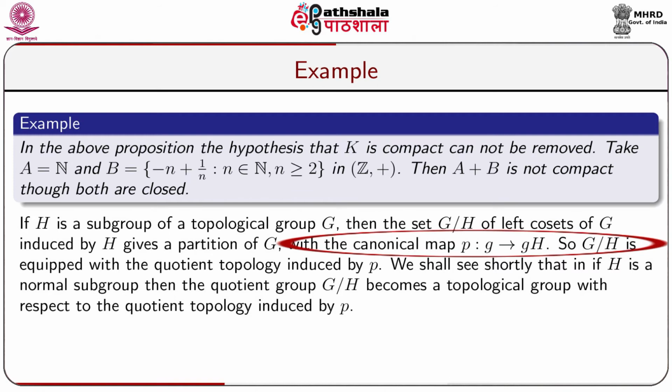So, the canonical mapping which carries G to its corresponding left coset gives a quotient topology on the collection of all left cosets. Thus, G by H has a quotient topology which is induced by the canonical mapping P and from the topology of G.